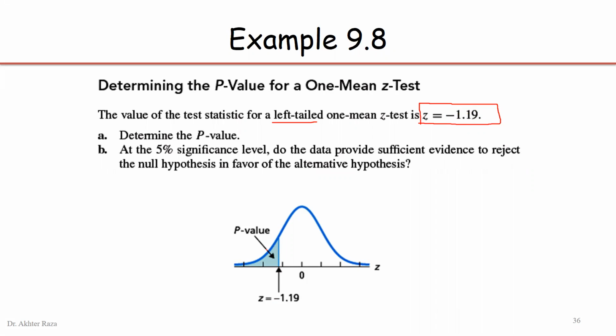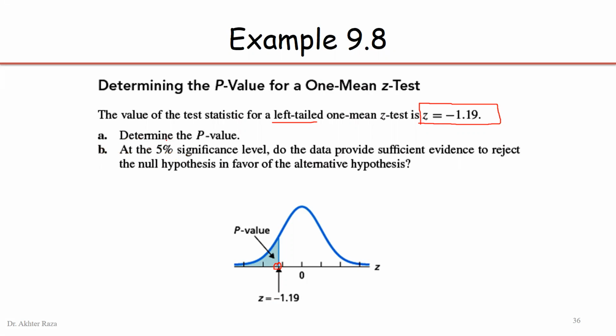This probability is the p-value. This is minus 1.19. I located this number here, and the area of this region is the p-value. At 5% level of significance, do the data provide sufficient evidence to reject the H naught? This is the acceptance or rejection criterion that we have to use, 5% level of significance.